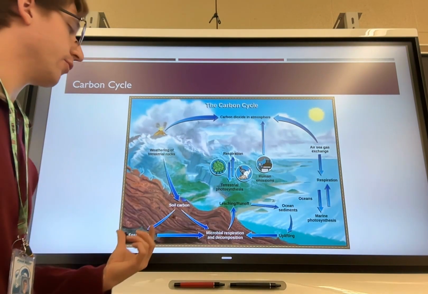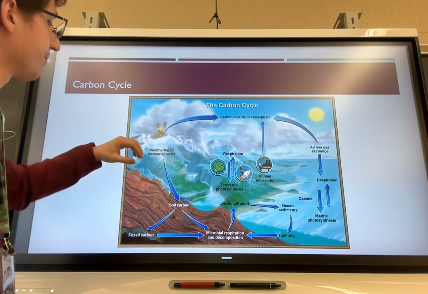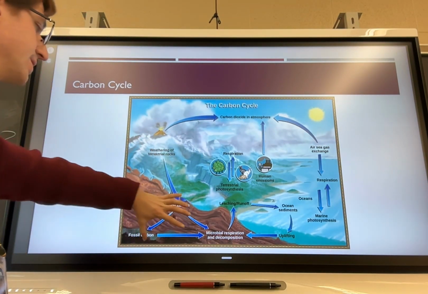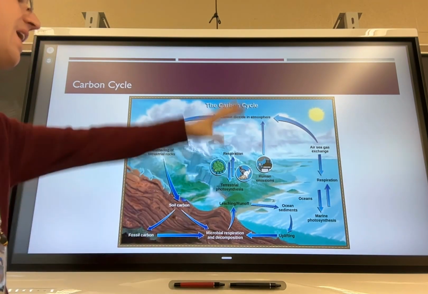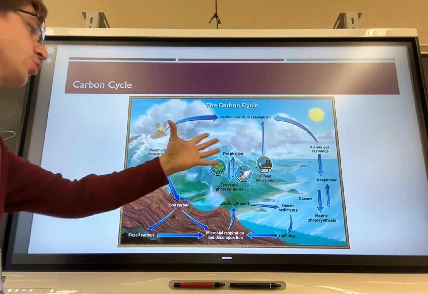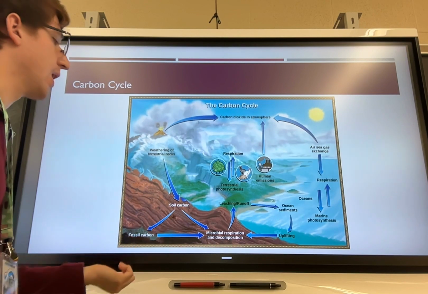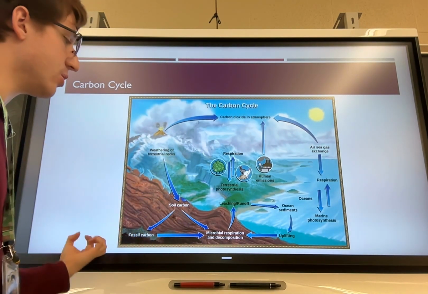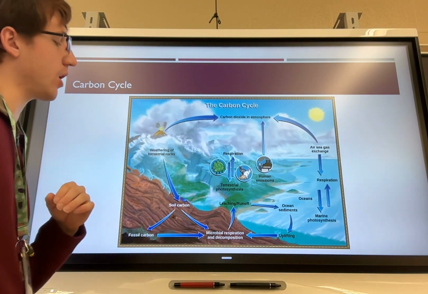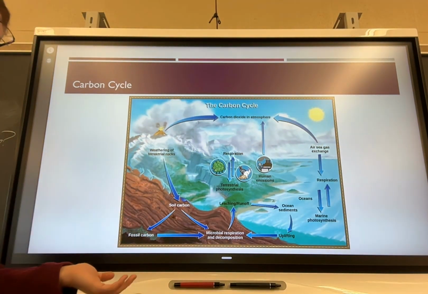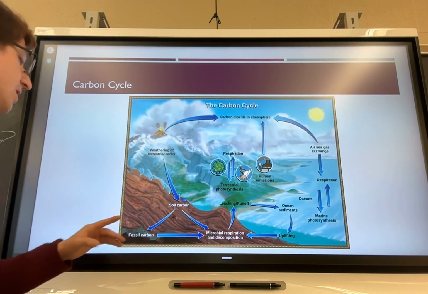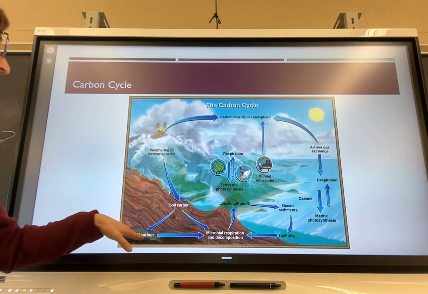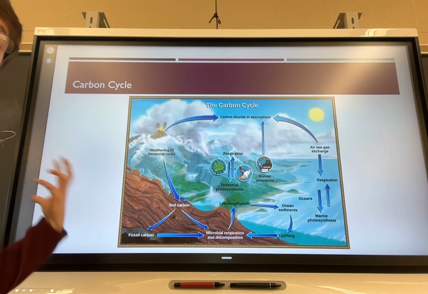From there, it has a couple different places to go. It can be absorbed into the soil, it can go back up into the atmosphere, it can be absorbed by different organisms. If it is absorbed into the soil, it usually can become soil carbon, or if it sits for long enough and has the right conditions, can turn into fossil deposits and things like that.